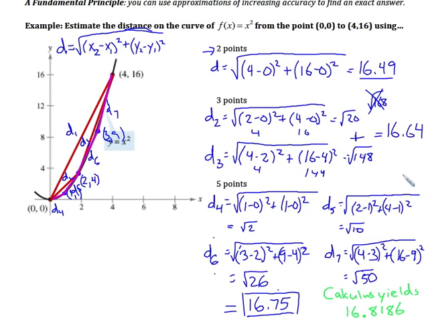So we can see that our approximation is getting closer and closer to the actual exact answer that calculus will give us. Okay? So let's just make a note here that if we were to keep increasing the number of points, it would increase our accuracy.